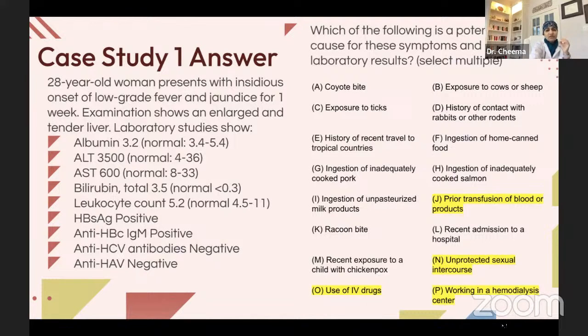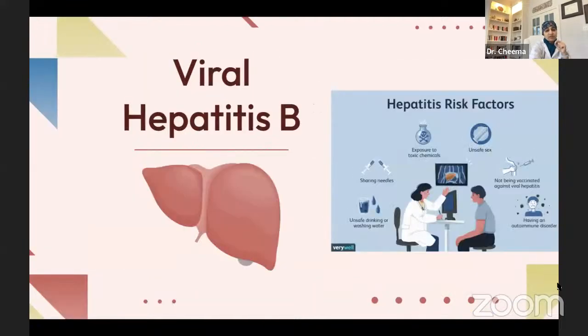So a variety of routes and clinical settings are associated with hepatitis B virus transmission. They are talking about how hepatitis B virus can be transmitted, so these are the routes of transmission of hepatitis B virus infection.